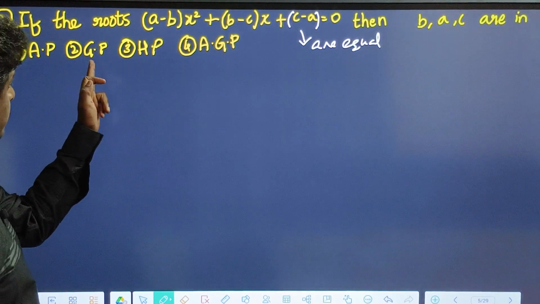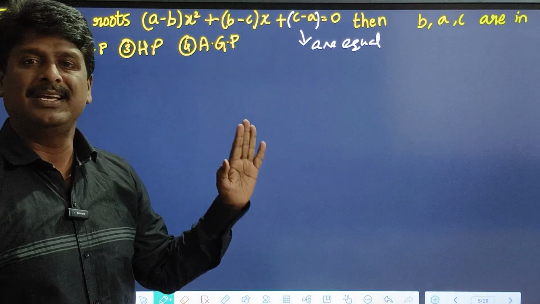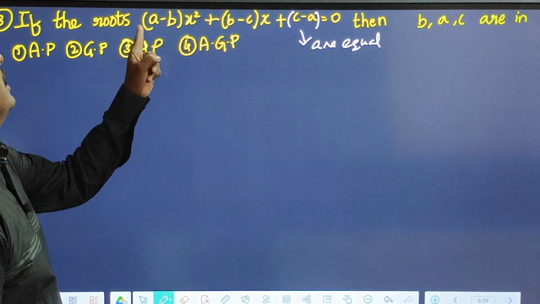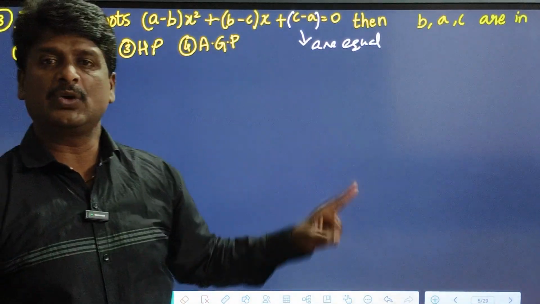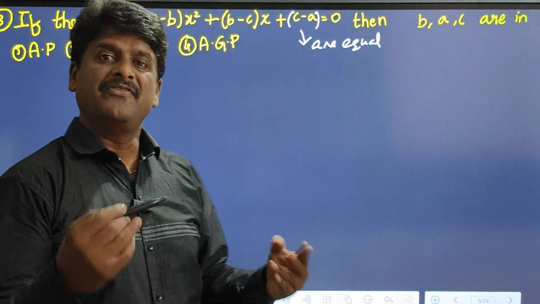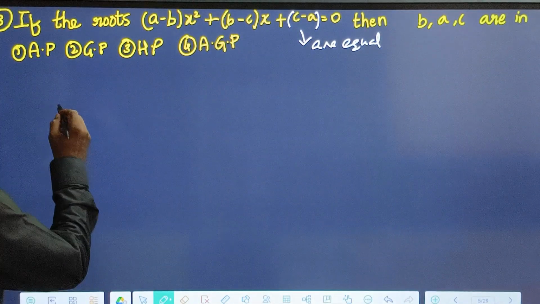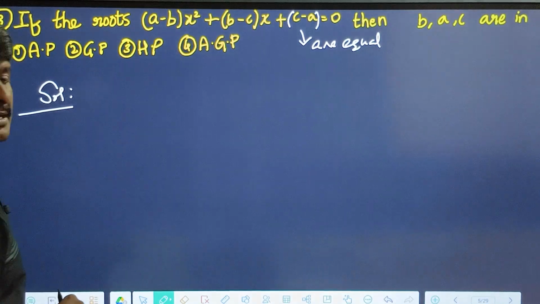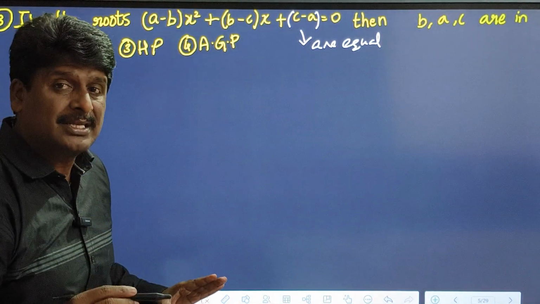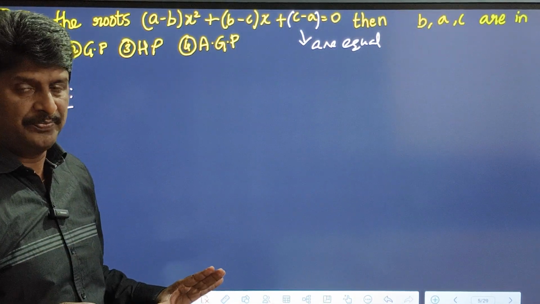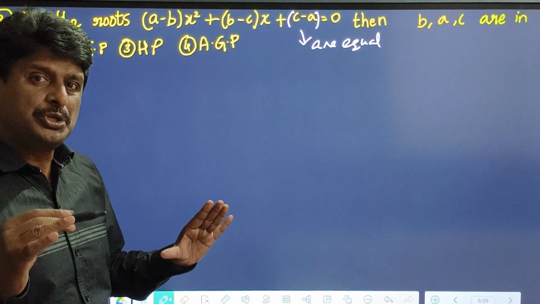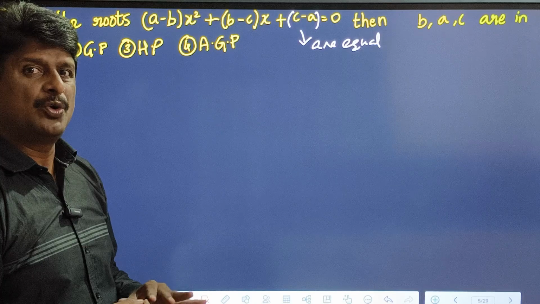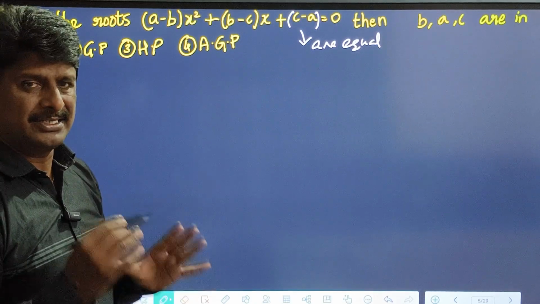AP, GP, HP, AGP. Do you observe the question? Roots of this quadratic equation are equal. Whenever the roots are equal, we have a condition that discriminant is equals to 0, but we are not going to use that. Coefficients are unknowns and calculations are lengthy.